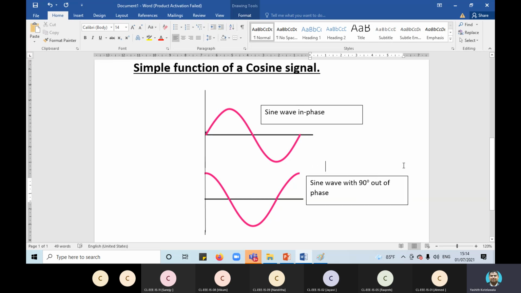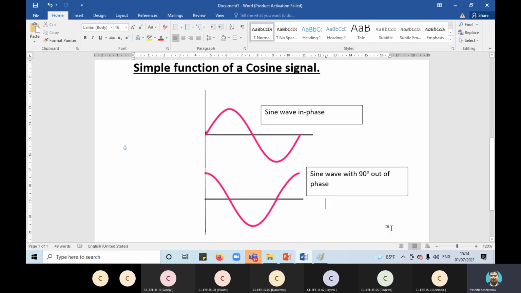Just a sine signal with 90 degrees out of phase. You don't call it a cosine signal when it comes to telecommunication or electronic communication. Please try to understand. Mathematically, yes, it is cosine. But when it comes to communication, for us, it's still a sinusoidal signal with a 90 degrees phase shift.